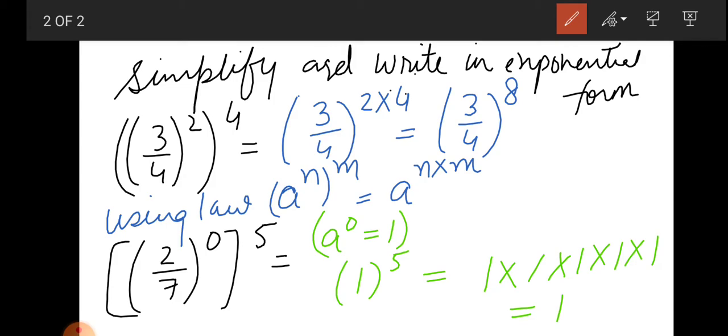Let's discuss some more questions. Simplify 2 raised to the power 3 into 4 raised to the power 3.